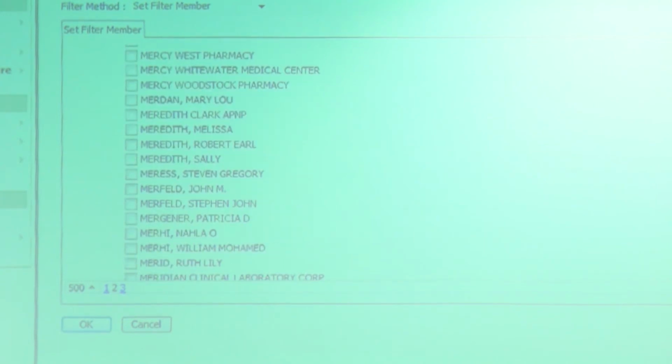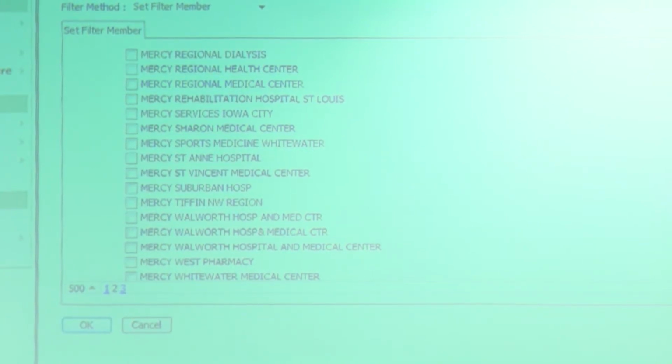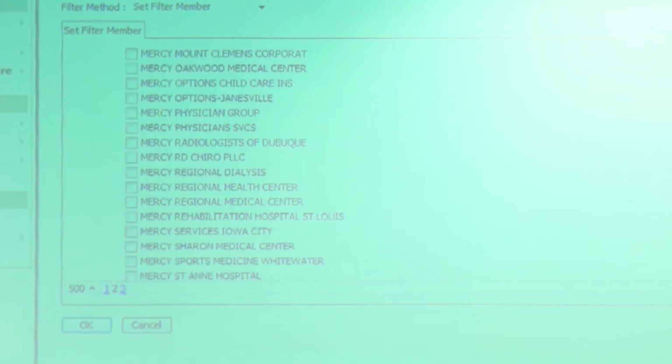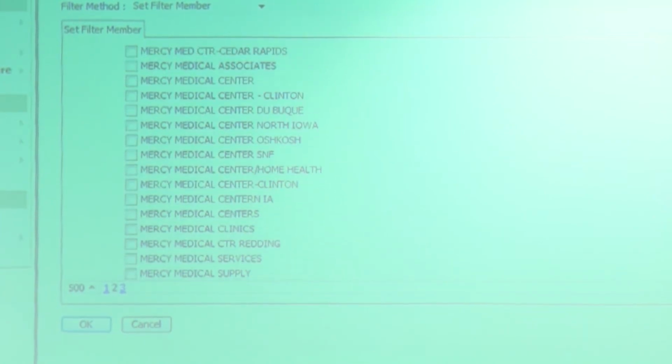Okay, here we go, Mercy. Which Mercy are we talking about? Health system. Mercy Health Center? System. System, okay, Mercy. I don't have a Mercy Health System. I got Mercy Medical Center.